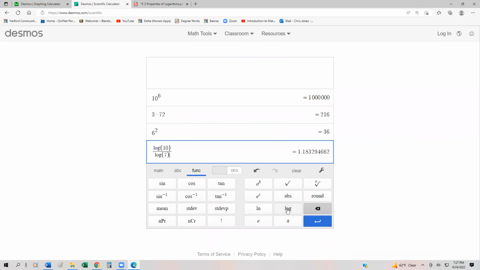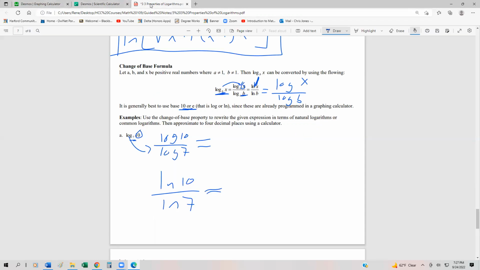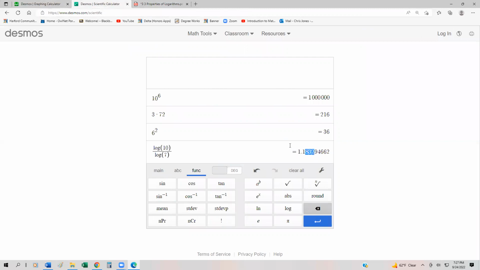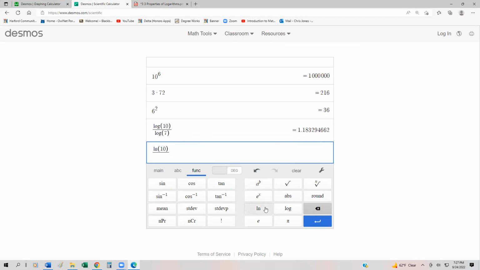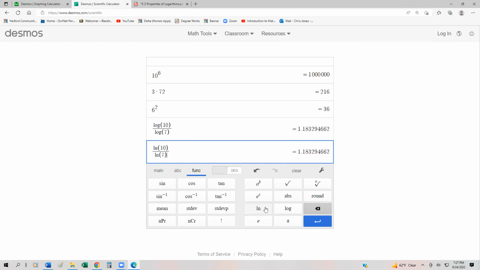Notice that gives us 1.1833, so that's approximately 1.1833 by approximating to 4 decimal places. Let's see if I type that in as a ln. If I type ln of 10 divided by ln of 7, it gives us the exact same answer, at least approximately in the calculator.